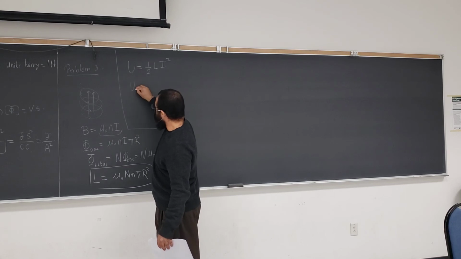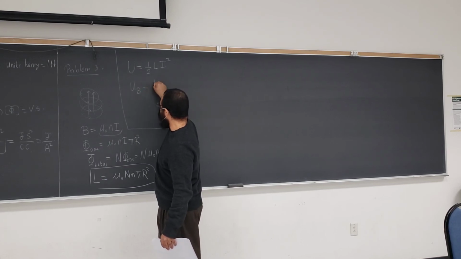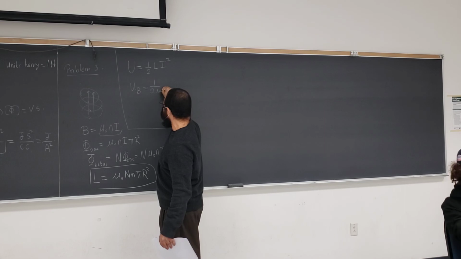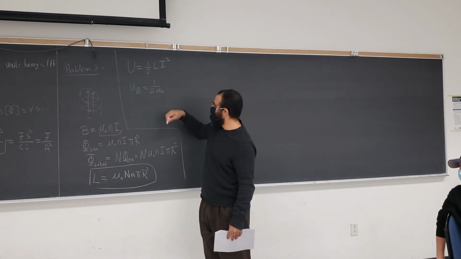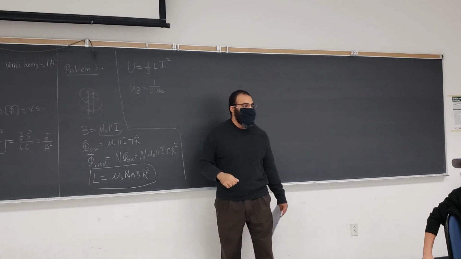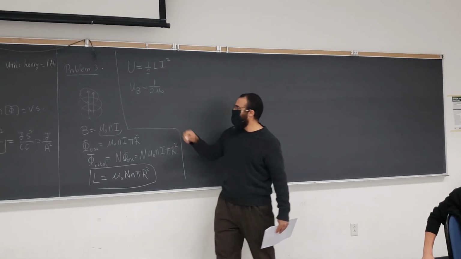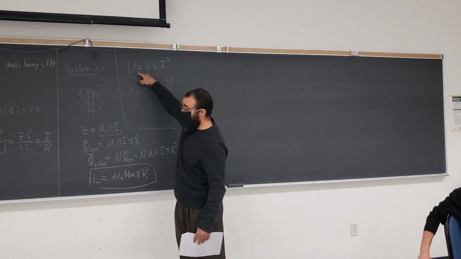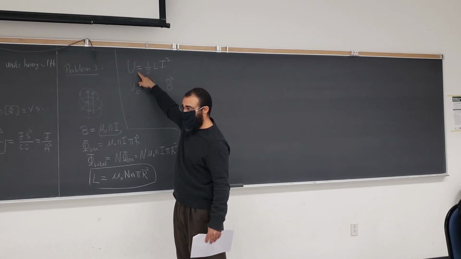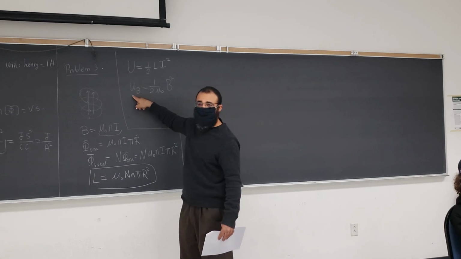If you want the energy density, this one was what? 1/2 mu naught what? Energy density. Oh wait, B squared, magnetic field squared. This is called energy density. This one is energy, it's in joules. This one is energy density, so what are the units?